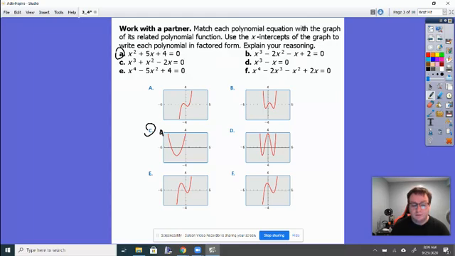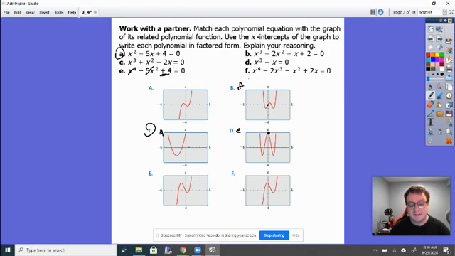Well, if I look at E and F, and I plug in 0, because I crossed in different spots at 0, right? If I plug in 0 to E, this is going to turn to 0, this is going to turn to 0, I'm going to be left with 4. Well, this one crosses at 4, so that must match up with this one, and then the other quartic F must match up here.